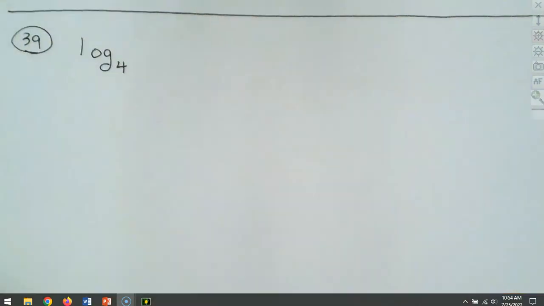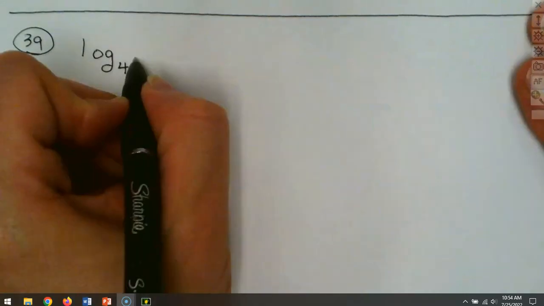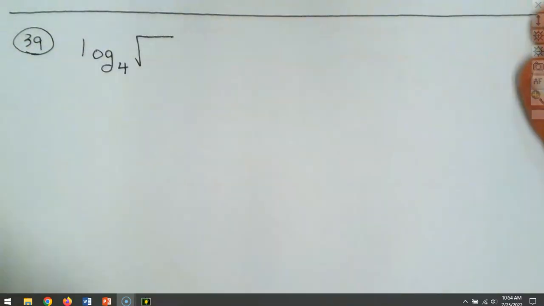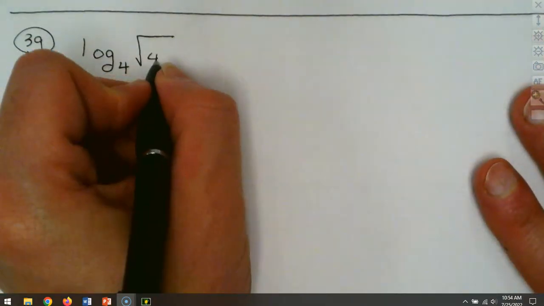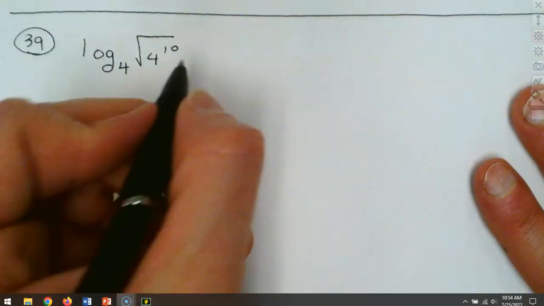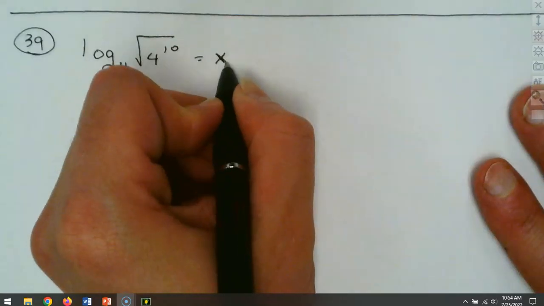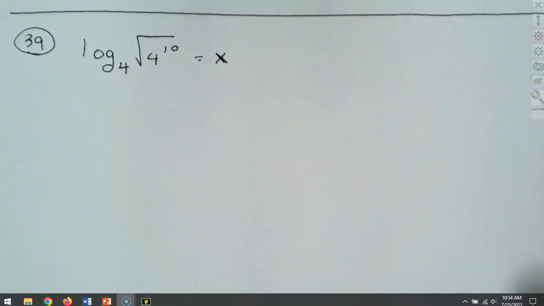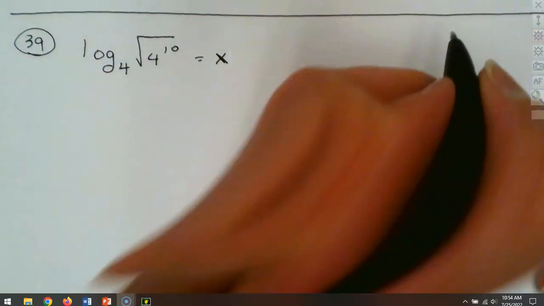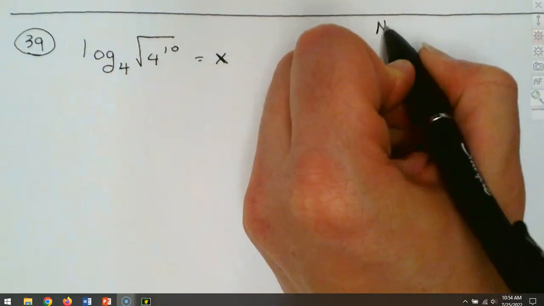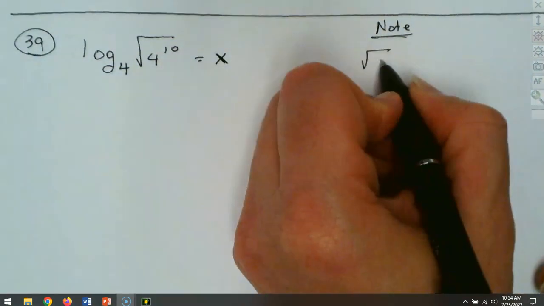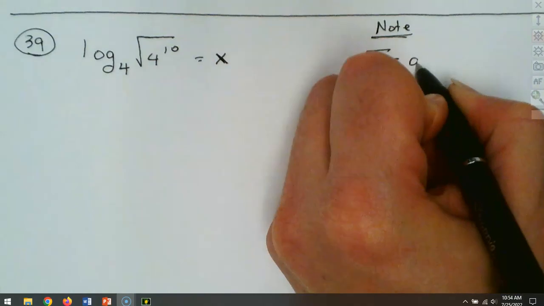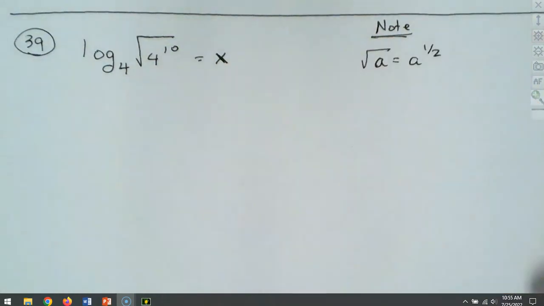So log base 4, and I think we did this one in our homework too. Log base 4 of the square root of 4 to the 10th power, that equals x. Let's remember this: the square root of a is a to the half power.